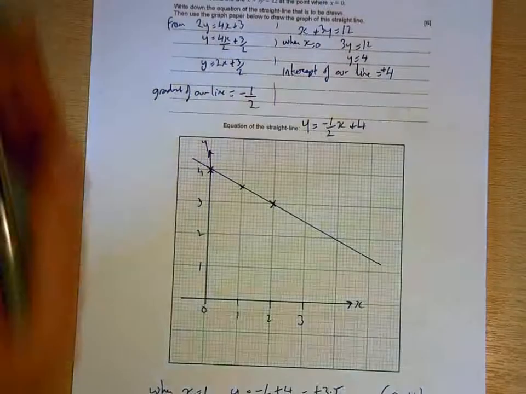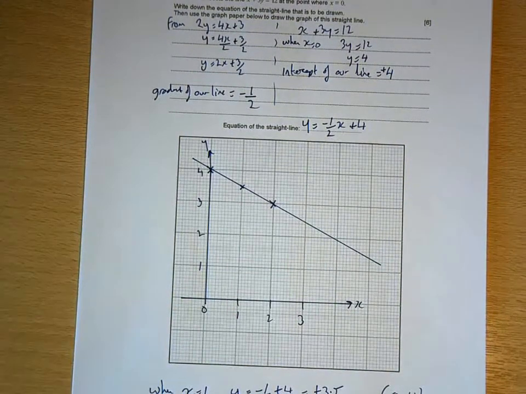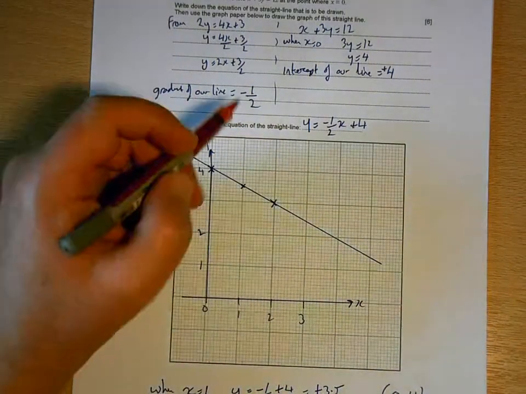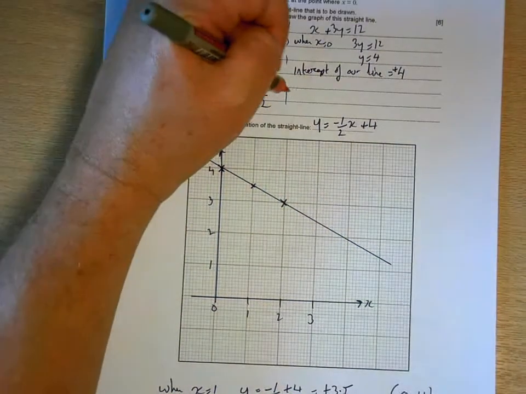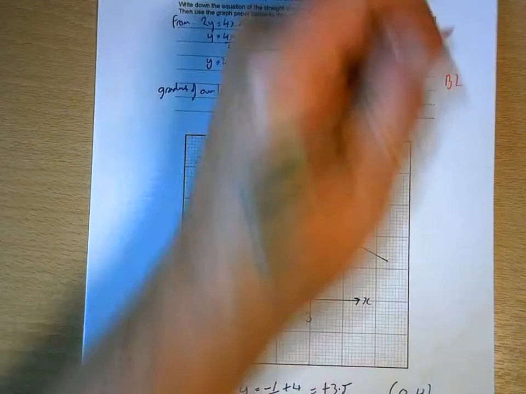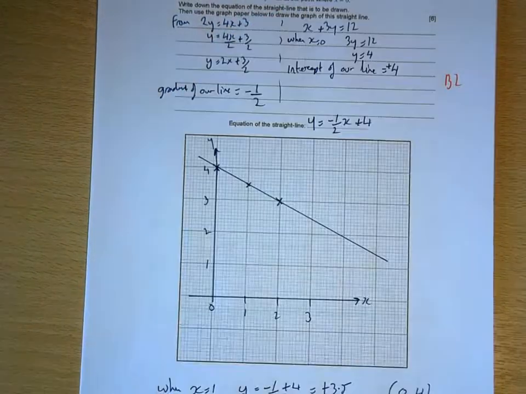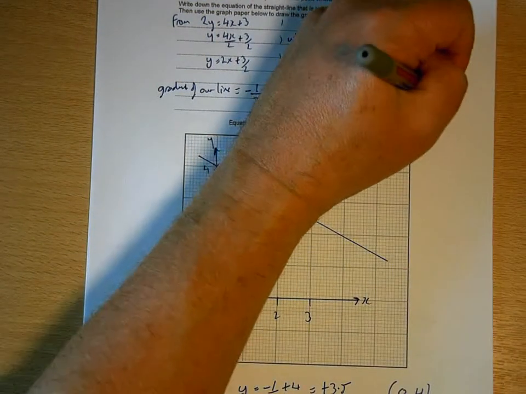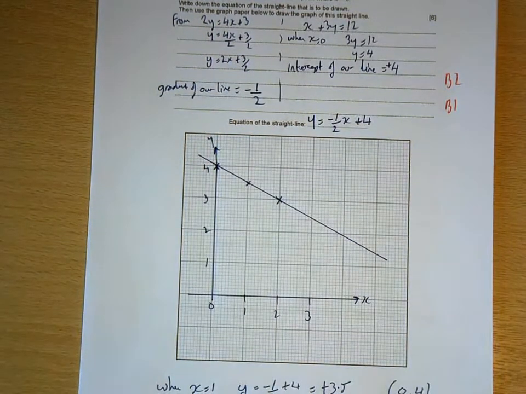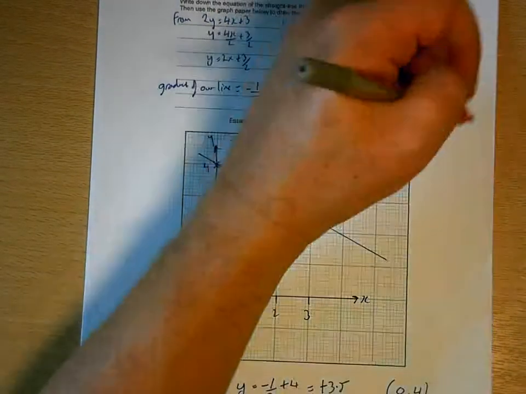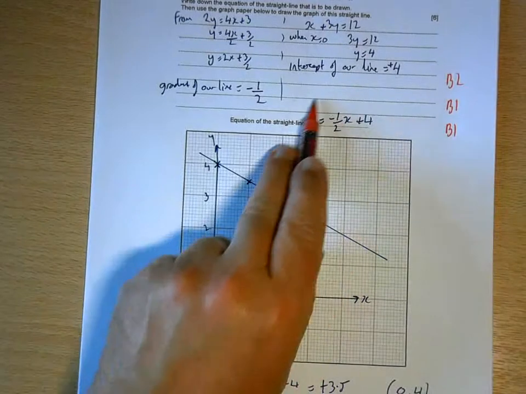So how are the marks awarded for that question? There's 2 marks for establishing that you're looking for a gradient of minus a half. There's 1 mark for the intercept of 4. There's 1 mark for actually combining those into the right equation.